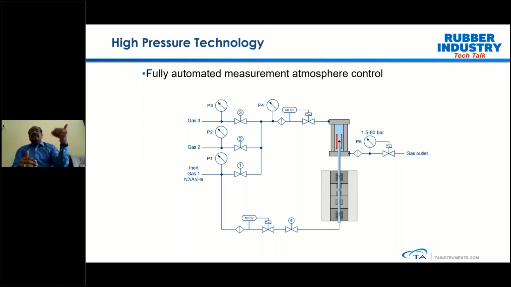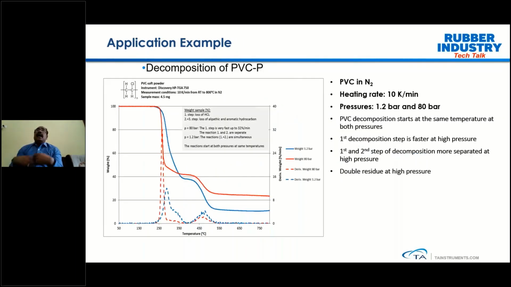You have a pre-gas mixing solution that connects to a reactive gas system, and you can create a very corrosive atmosphere, which is many times not possible on a standard TG. So this is a very superior technology. The benefit you are getting is a better idea of how the particular polymeric material is going to decompose, not only as a function of temperature, but at the same time as a function of pressure.